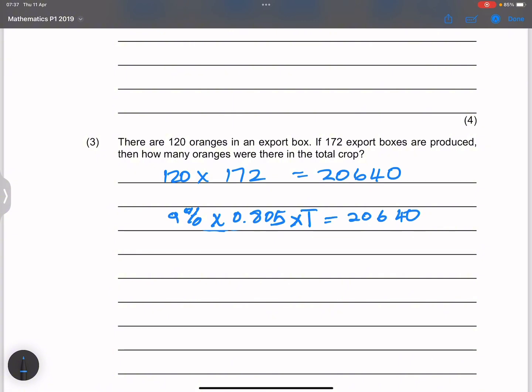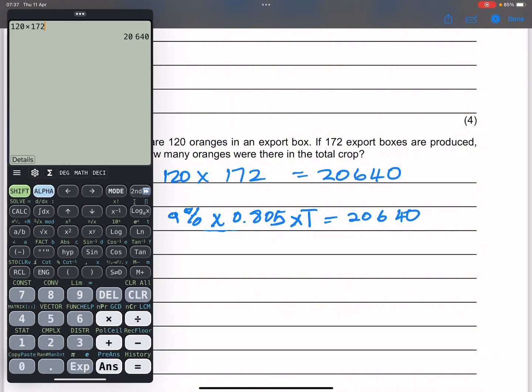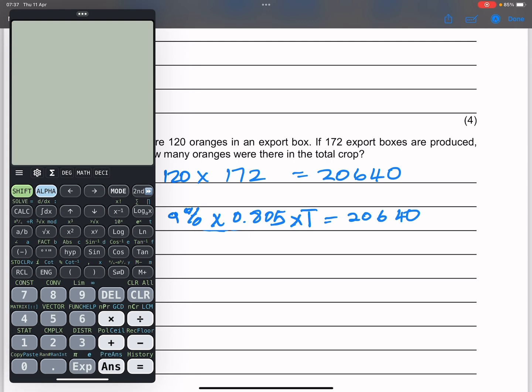So 9%, that's going to be 0.9 times 0.805. No, sorry, actually this is 0.09, not 0.9, because that's 9%.